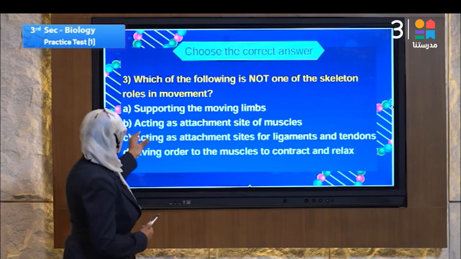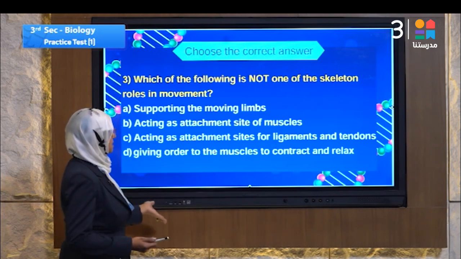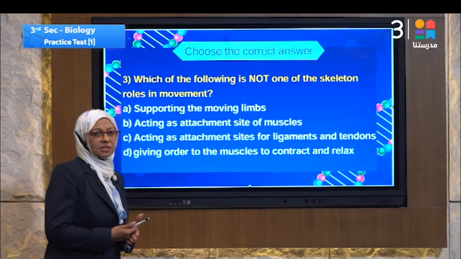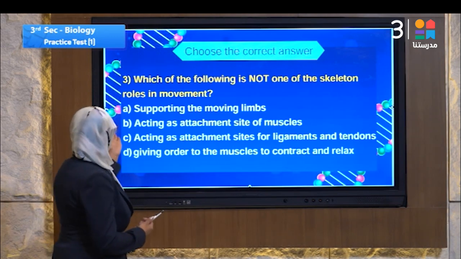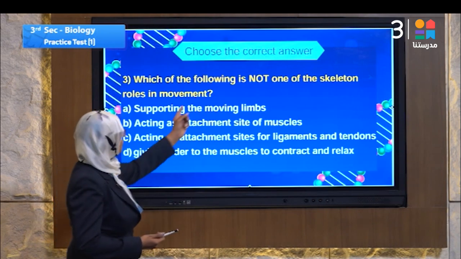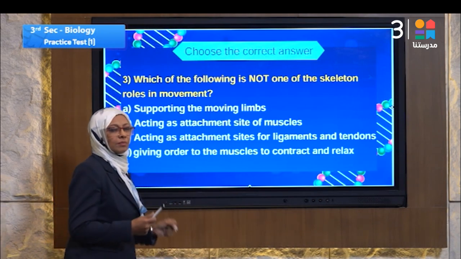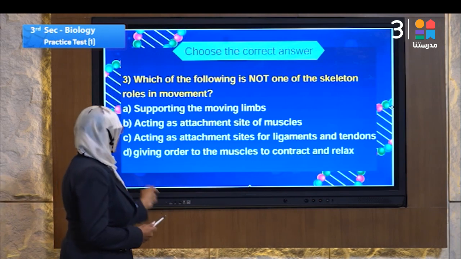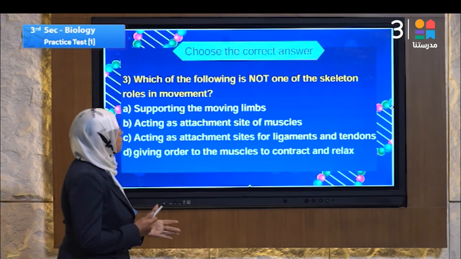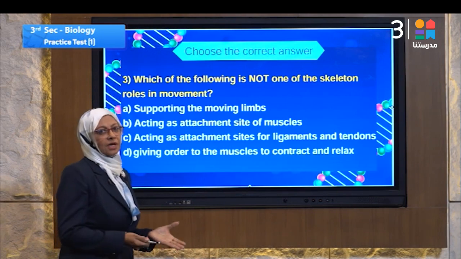Number B, acting as attachment site of muscles. Yes, that's the attachment of muscles between the skeleton and the movement. C, acting as attachment site for ligaments and tendons. Yes, that's an attachment site.